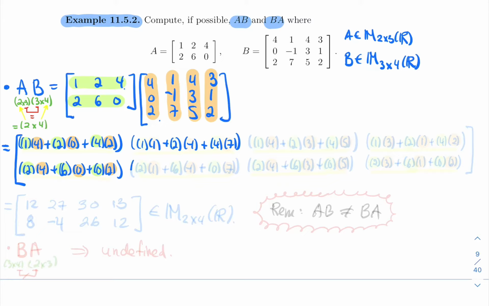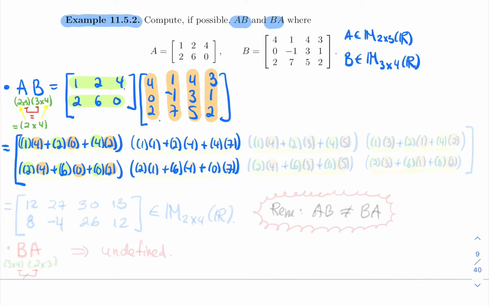Same thing here. Now you're taking the second column and making it fall onto the second row. So you're going to get 2 times 1 plus 6 times minus 1 plus 0 times 7.